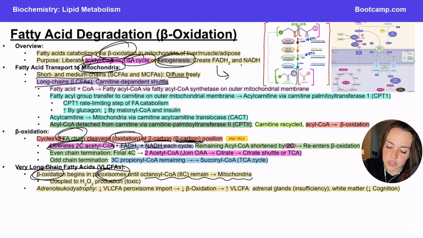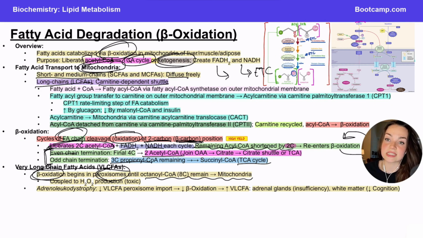And those FADH2 and NADH molecules could also join the electron transport chain for further ATP production. That remaining acyl CoA that had been shortened by 2 carbons could re-enter the beta oxidation cycle until it got short enough that we terminated the chain, either by splitting it into 2 acetyl CoAs for even chains, or by taking the 3-carbon remaining propionyl CoA and feeding that into the TCA cycle as well.